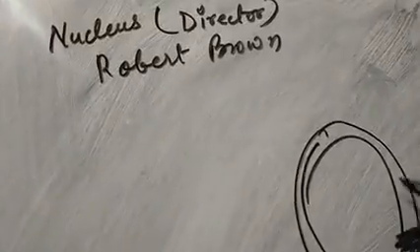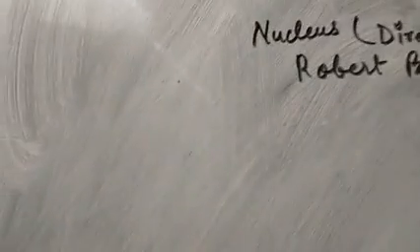The outer membrane is continuous with the endoplasmic reticulum, and sometimes it also bears ribosomes on it because they are responsible for protein synthesis. In some places you may find that the two membranes are fused together.